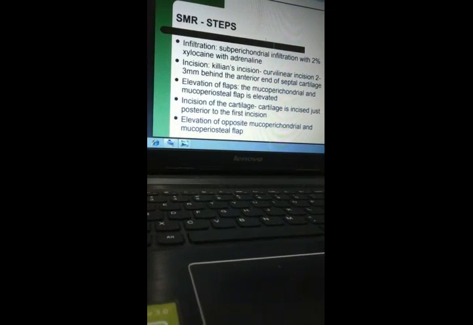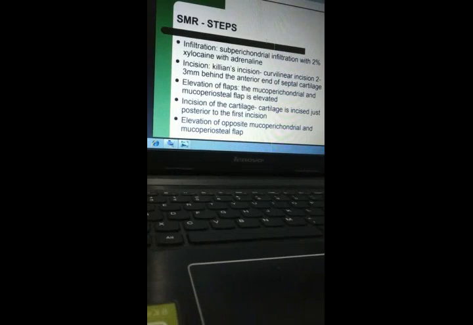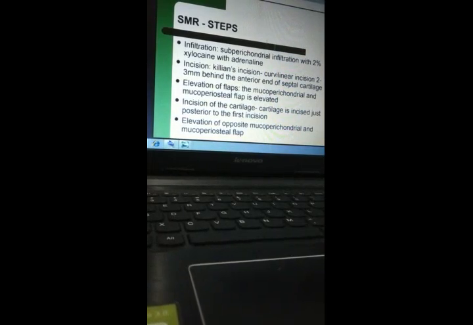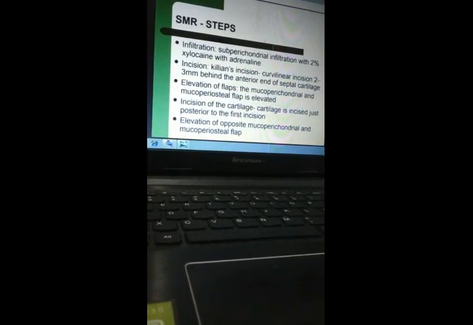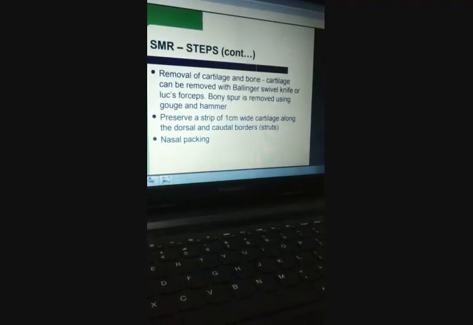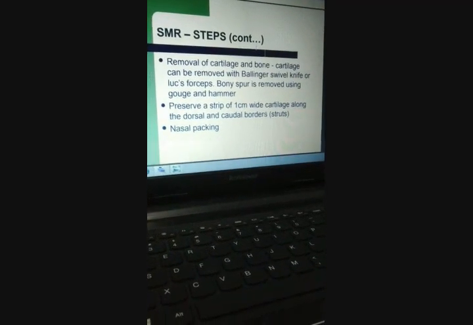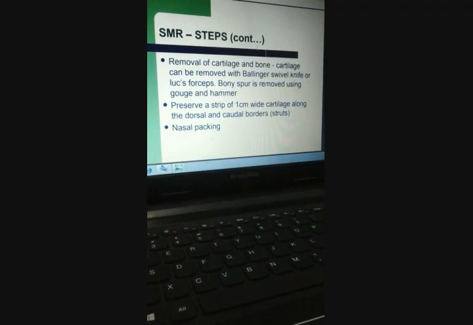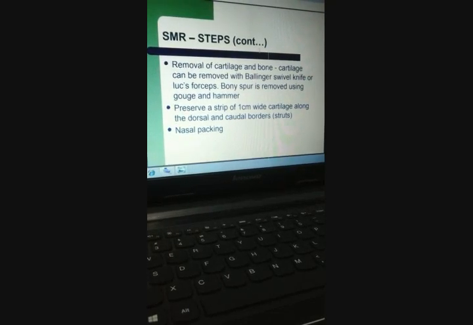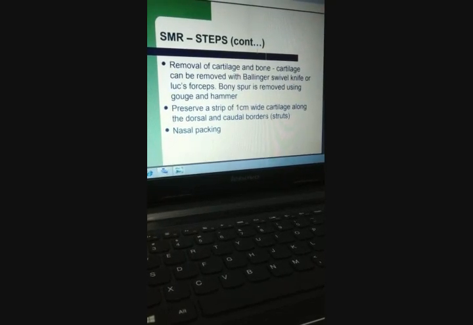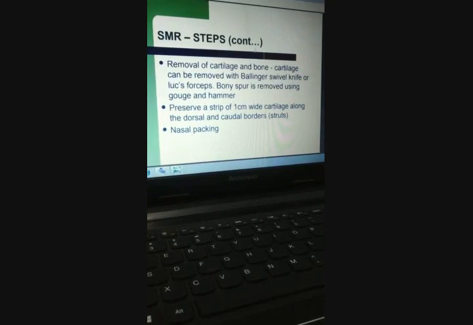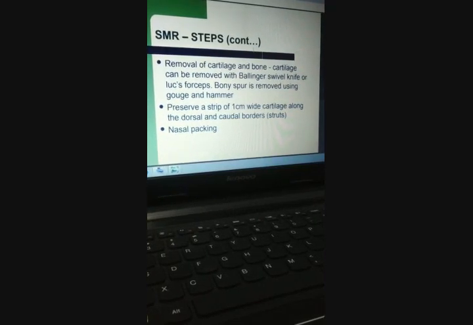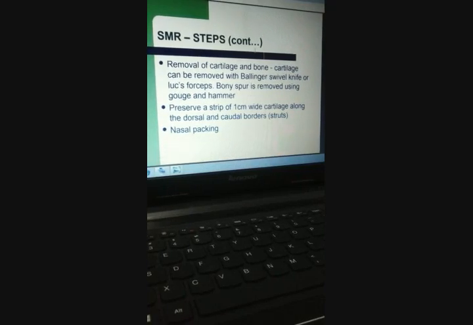Cartilage is incised just posterior to the incision given earlier, and the elevation of the opposite perichondrial and mucoperiosteal flap is done after. The next step is removal of the cartilage and bone. Cartilage can be removed with Ballenger swivel knife and Luc's forceps.